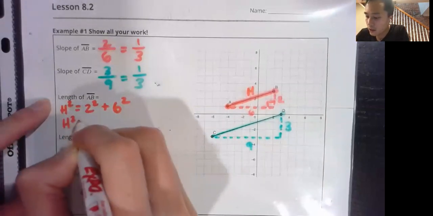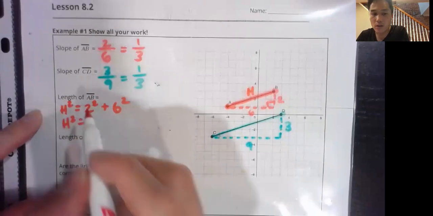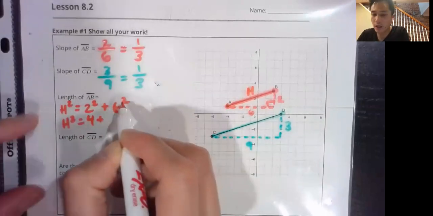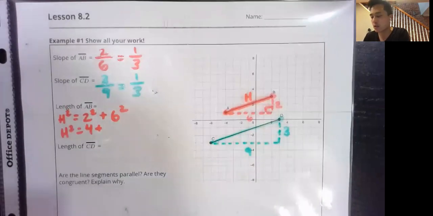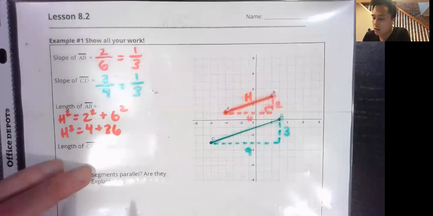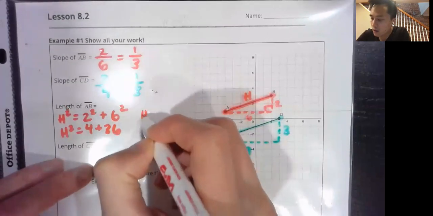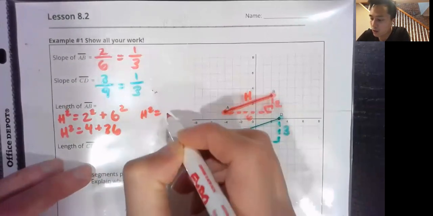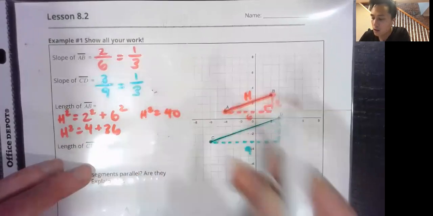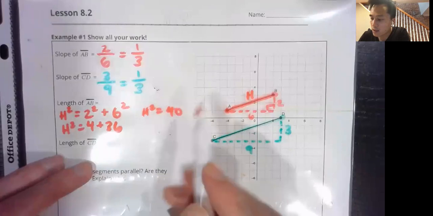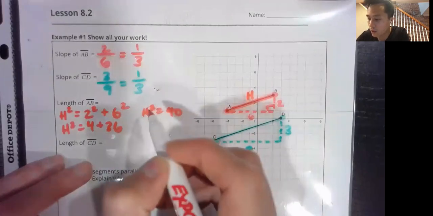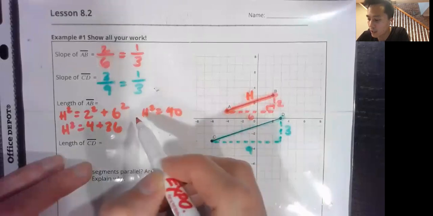So h squared is equal to 2 squared is 2 times itself. 2 times 2 is 4, plus 6 squared, 6 times itself. 6 times 6 is 36. And so I know that h squared is equal to 40, 4 plus 36. And so if I want h all by itself, to undo squaring, I'm going to take the square root of both sides.